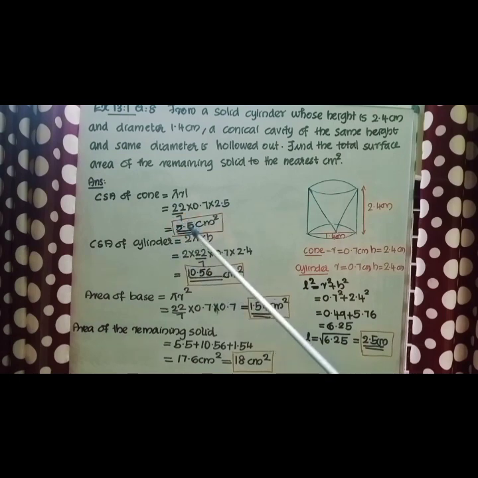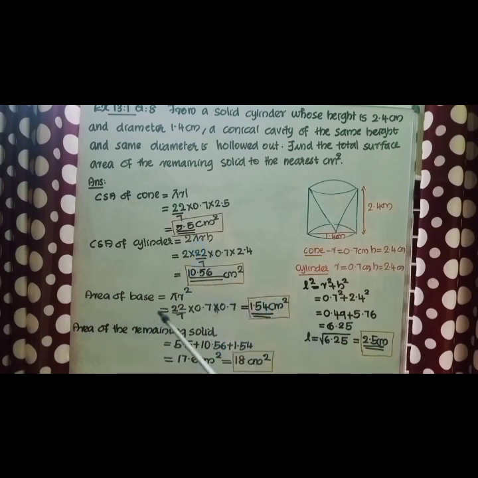CSA of cylinder equal to 2 pi RH, that is equal to 2 into 22 by 7 into 0.7 into 2.4, that is equal to 10.56 centimeter square. Area of base, that is circle, that is equal to pi r square, that is equal to 22 by 7 into 0.7 into 0.7, that is equal to 1.54 centimeter square.